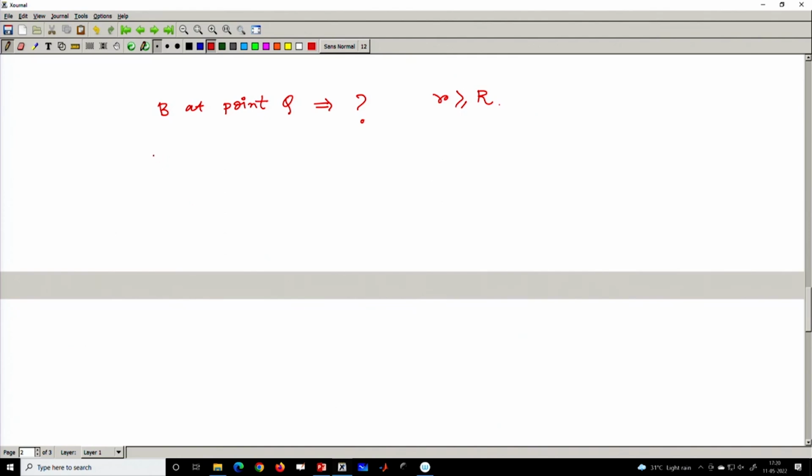If I calculate, I should get the closed integral of B dot dl, and that should be equal to mu 0 I enclosed.